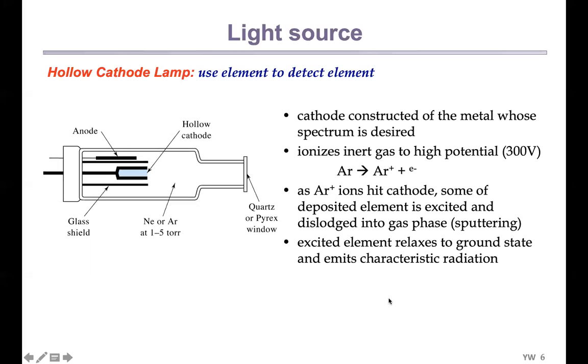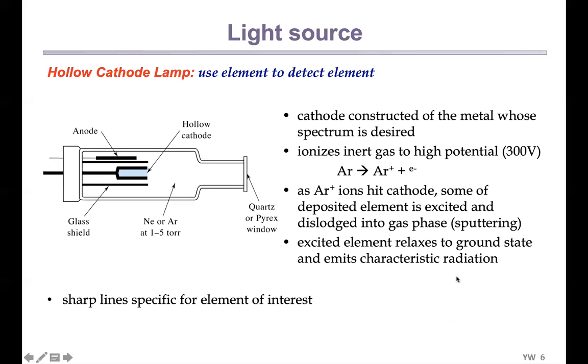Okay, so coming back, this is the process of how the cathode lamp works. But in a word, you are using the same element to construct the lamp, and you're using that element to generate radiation that has the wavelength required for detecting the element of interest.